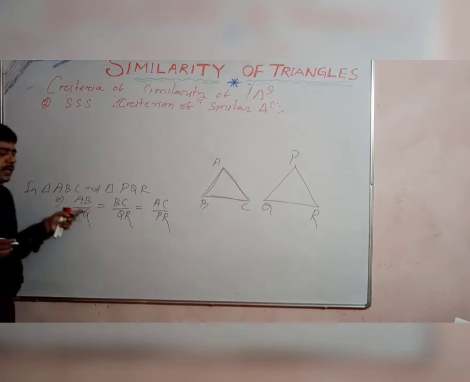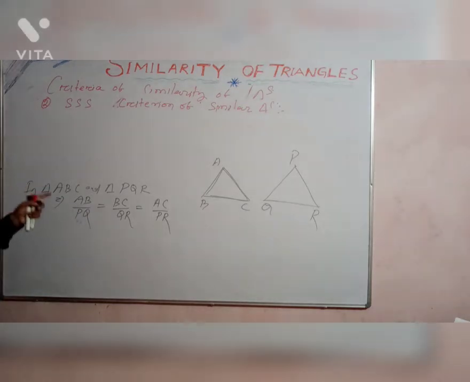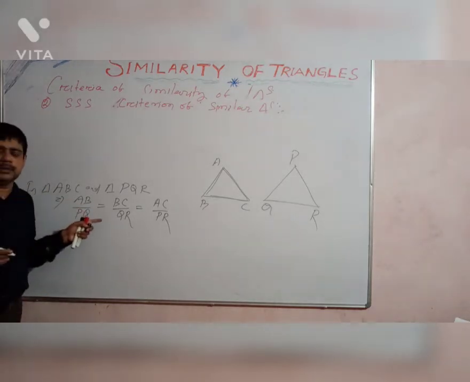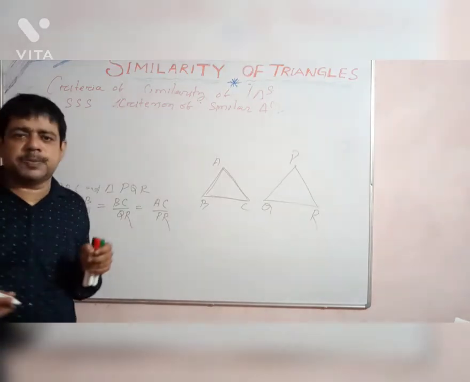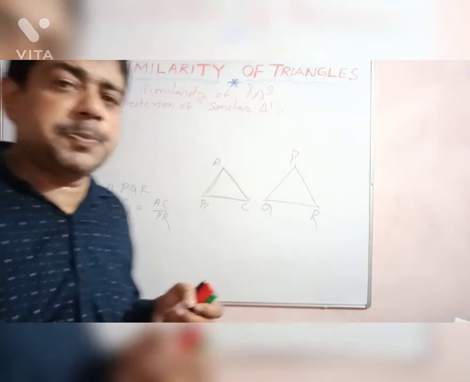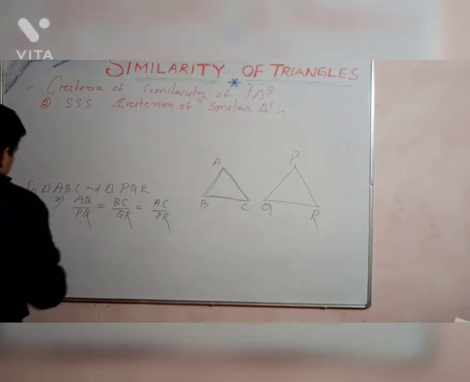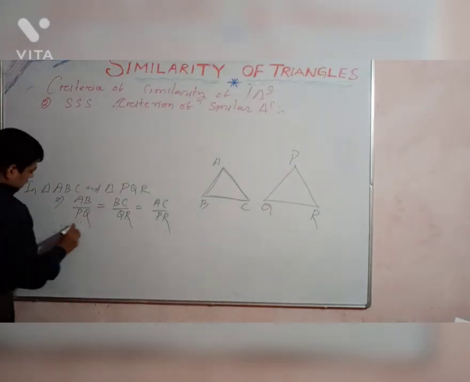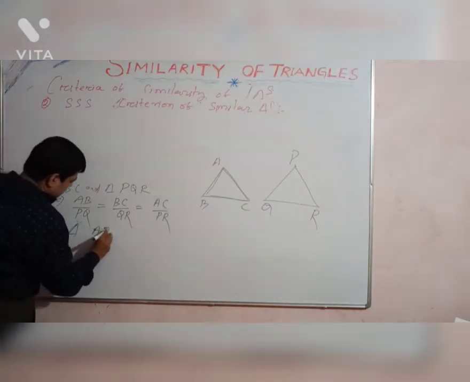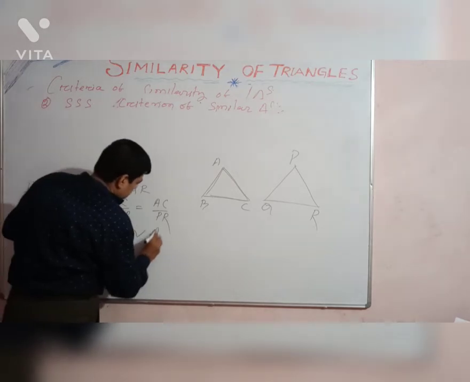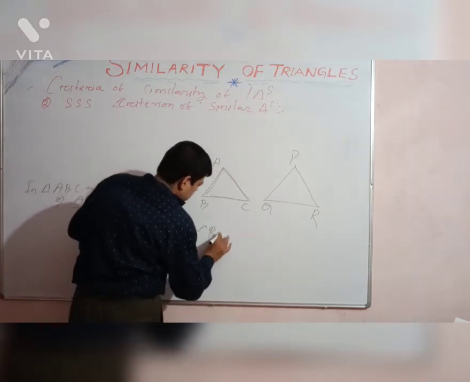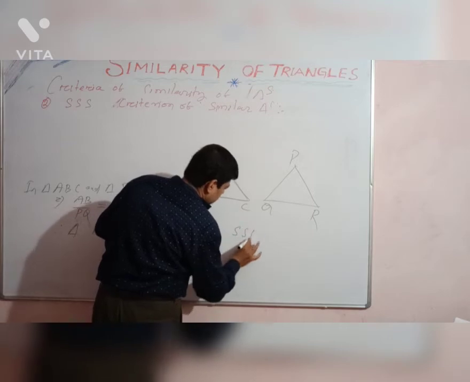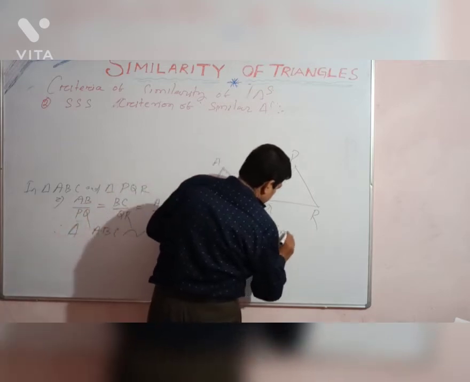This is the sufficient condition, not only for triangles but for every kind of object. Hence triangle ABC is similar to triangle PQR, and this is called side similarity of triangles.